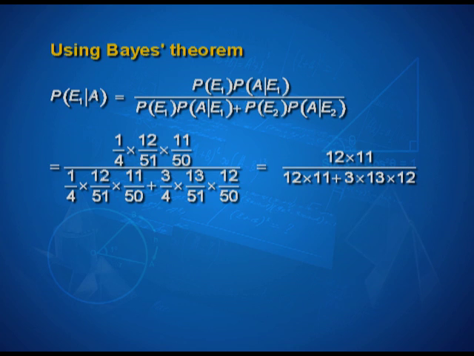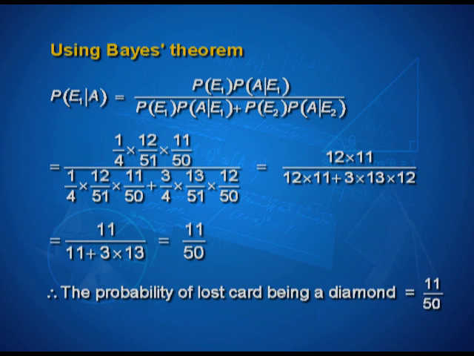Simple calculation, because 4, 51, 50 is common in both numerator and denominator, 12 is common. So, do not need to multiply, it should simplify very easily to 11 by 50, and that is the probability of lost card being a diamond.